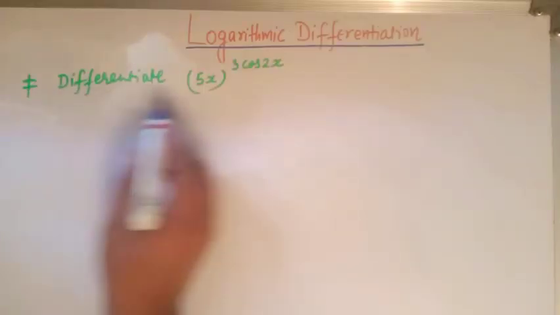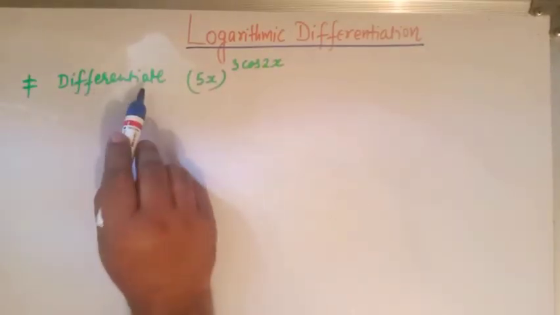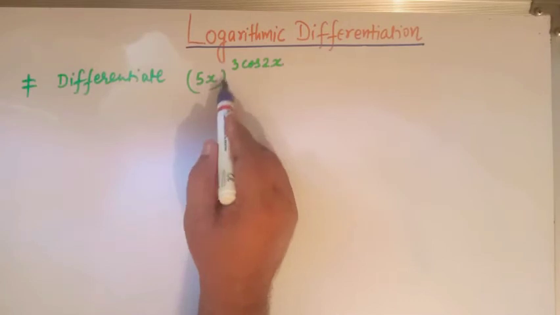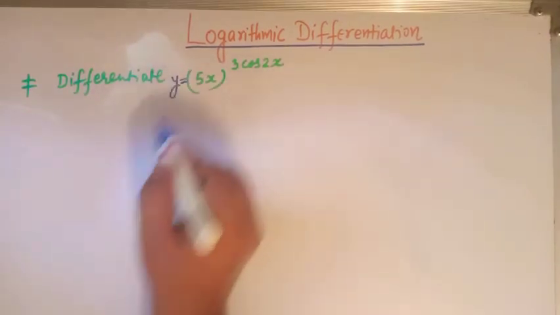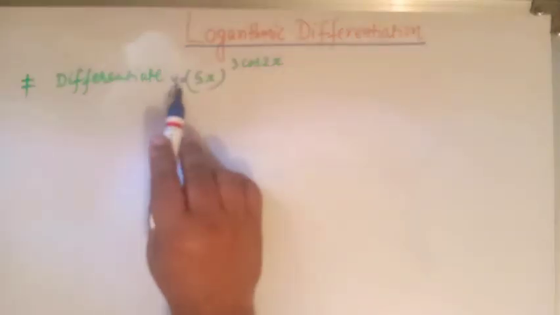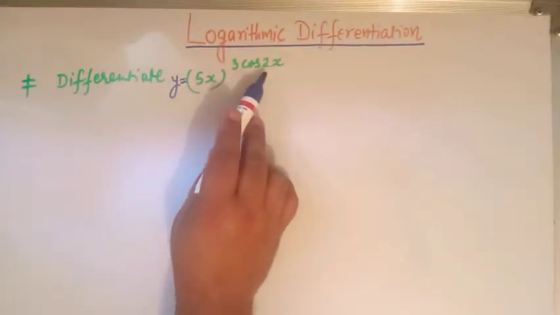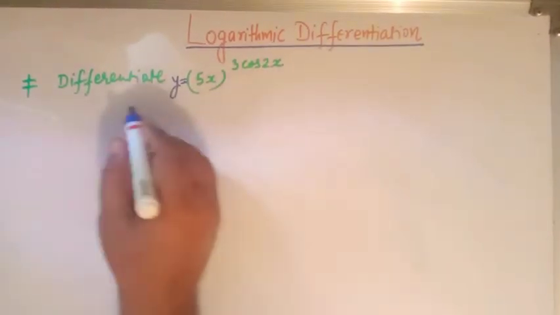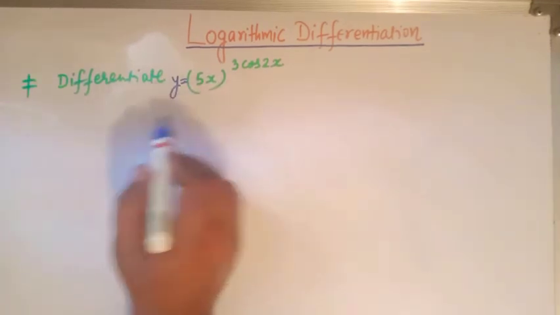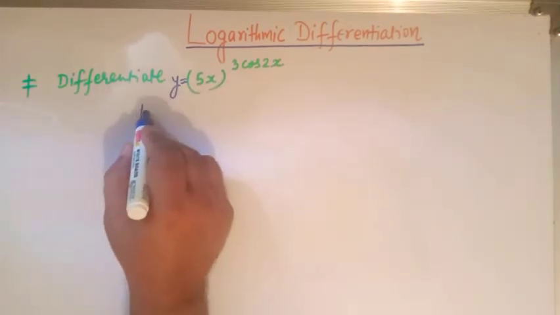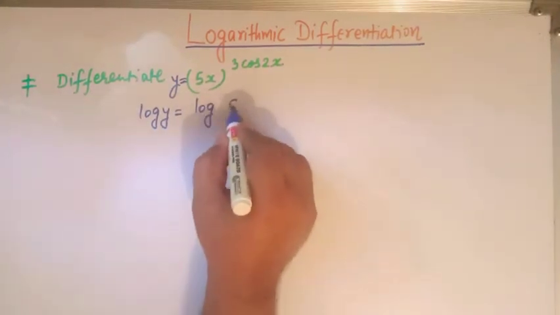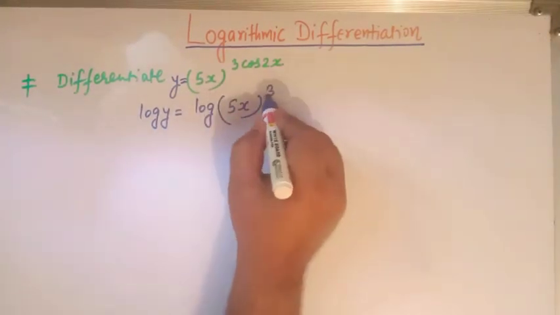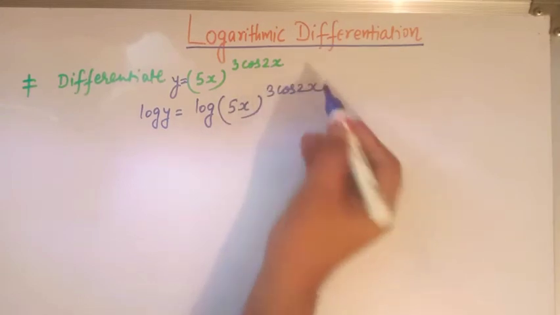Now let us take this problem. Here we have to differentiate (5x) raised to 3 cos 2x. Let us take y equal to (5x) raised to 3 cos 2x. Now taking the log of both sides, we have log y is equal to log of (5x) raised to 3 cos 2x.